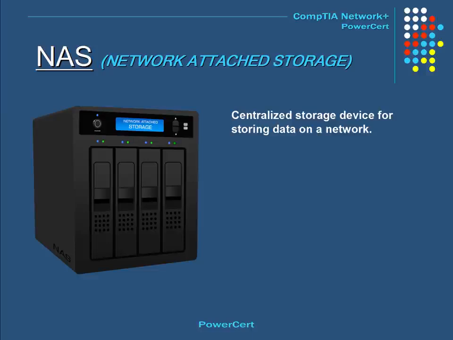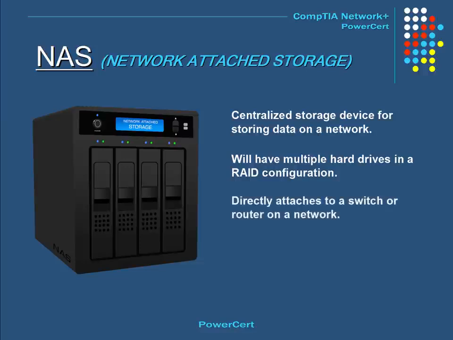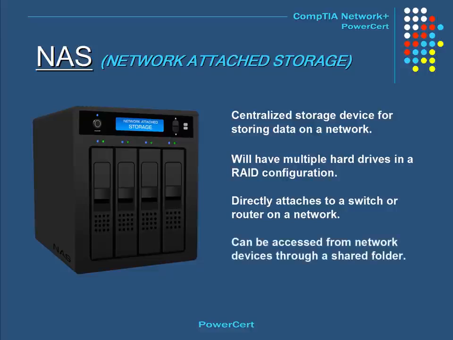Typically, an NAS will have multiple hard drives in a RAID configuration for redundancy, and a network interface card that directly attaches to a switch or router so that the data can be accessed over a network. Once it's on the network, it can be accessed from other devices such as desktops, laptops, and tablets through a shared folder.